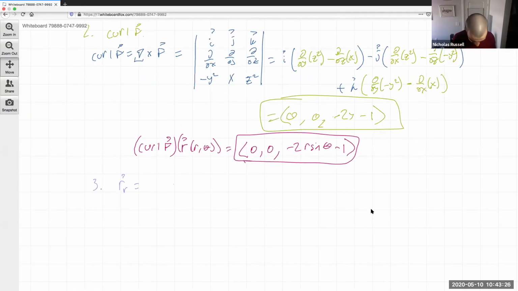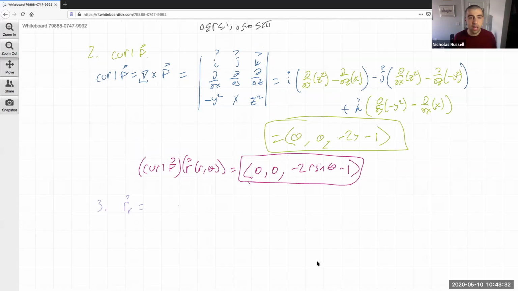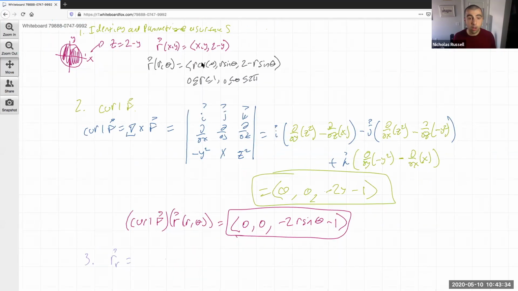Cool. Thank you for seeing my entire screen. r_r here. So we see that we're going to have the cosine of theta. We just calculate this. This becomes cosine of theta, sine of theta. And then over here we get negative sine of theta.